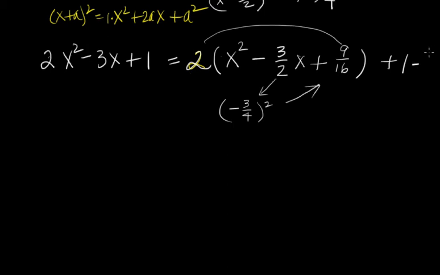I want to subtract 18 over 16, which we could simplify, but I'll write it like that. And that gives us 2 times x minus 3/4, the quantity squared, plus 18/16 is 9 over 8, so 8 over 8 minus 9 over 8. This is minus an eighth.